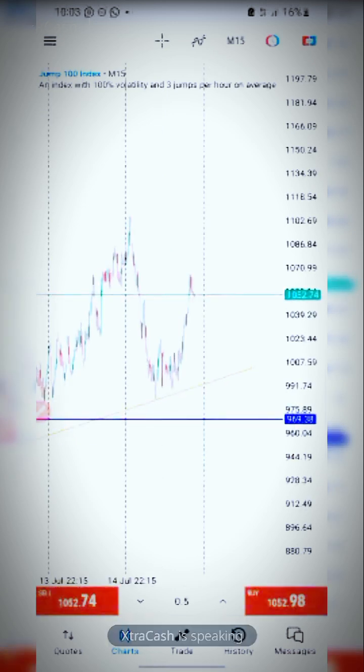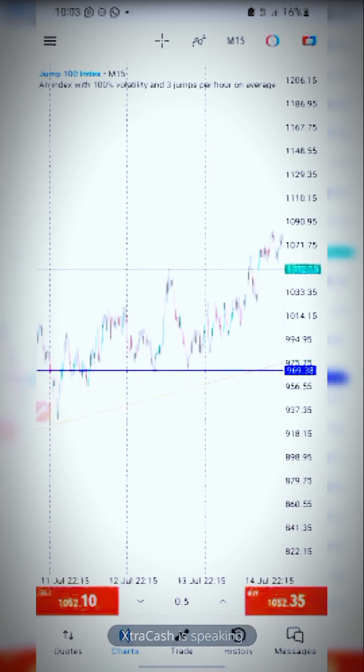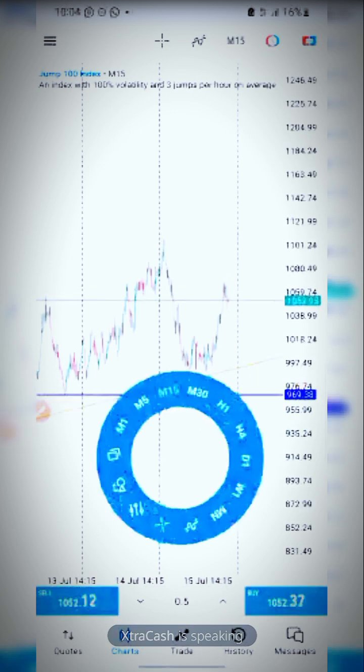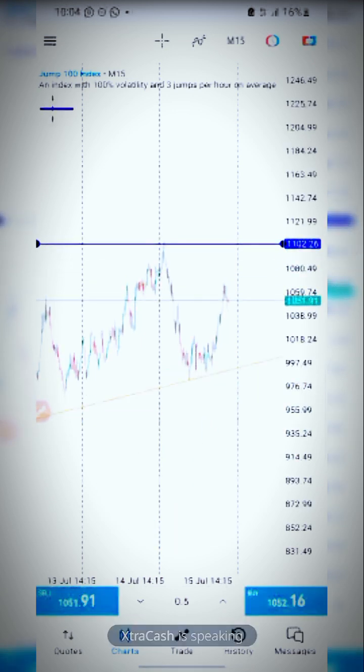Okay, let me take out this. This market for now is on an upward direction. This is the current high that it needs to take out.